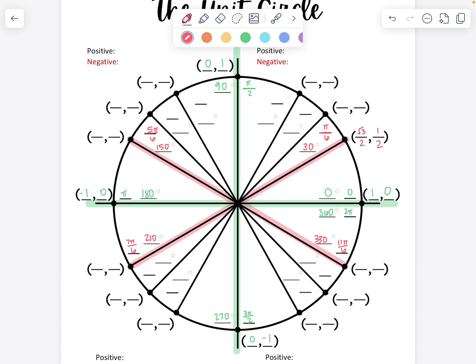When I go to quadrant 2, instead of going to the right on my x-axis, now I'm going to the left on my x-axis. So instead of it being square root of 3 over 2 in the positive direction on the x-axis, now it's going to be negative square root of 3 over 2 in the negative direction on my x-axis. But we're still at a positive y, so the 1/2 stays positive.